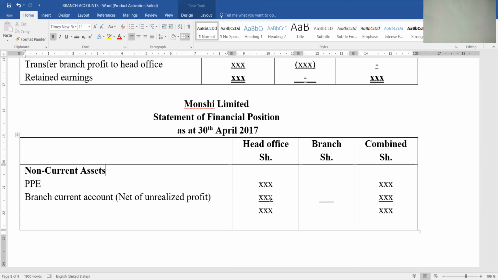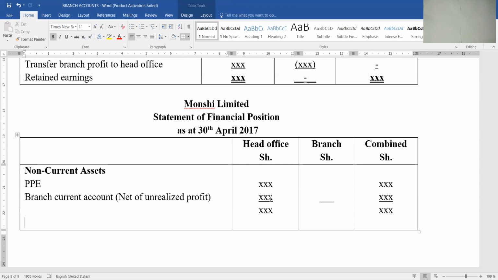The same explanation applies to why we are subtracting unrealized profit under the branch current account, because you know the branch current account is maintained by who? Head office. And the head office is the one which sold goods to the branch. But the branch never resold all the goods.